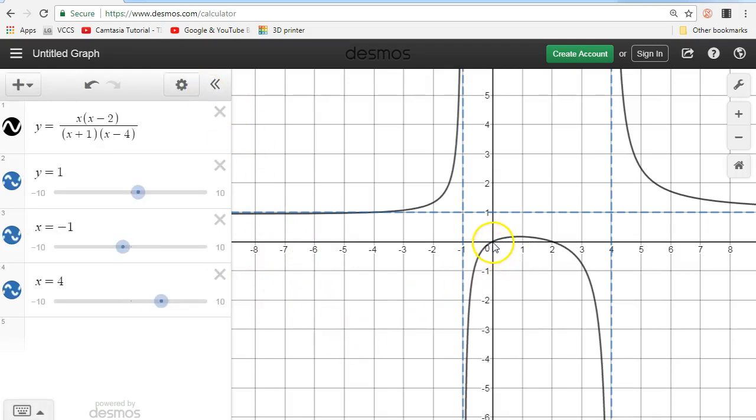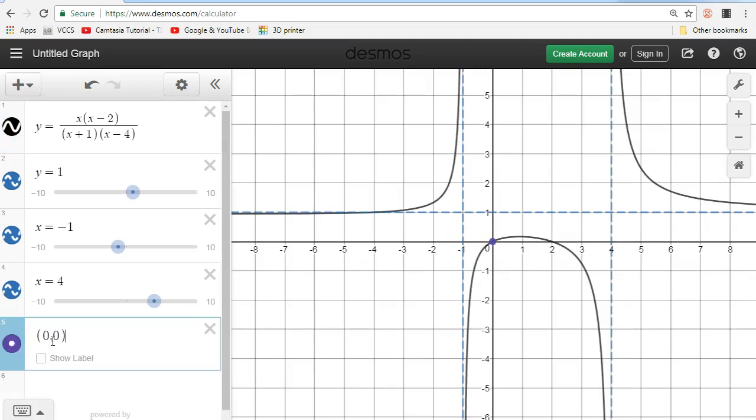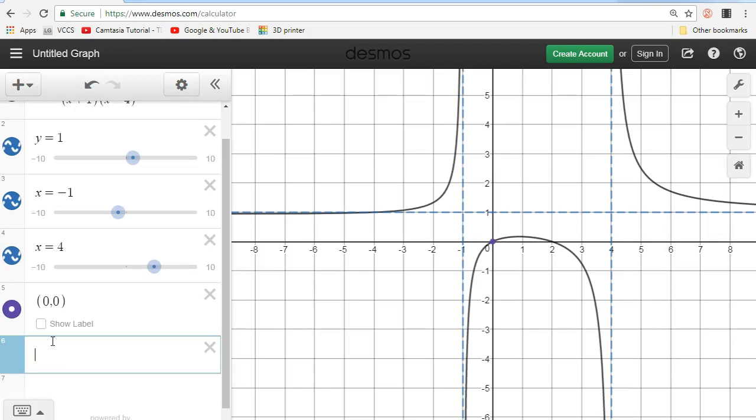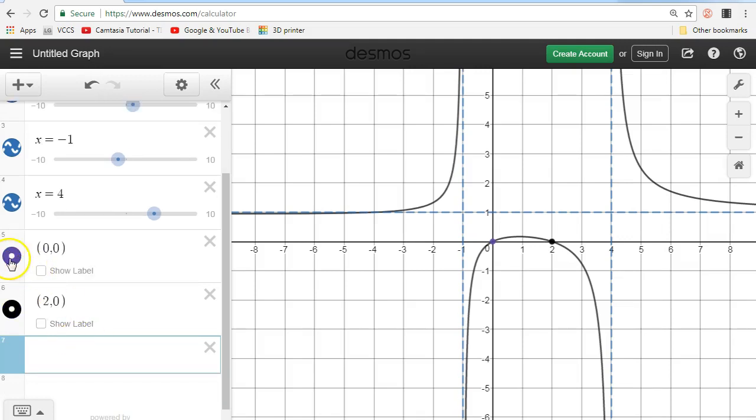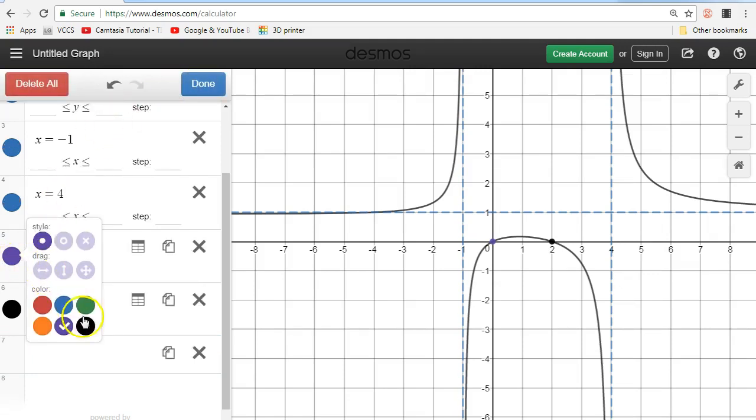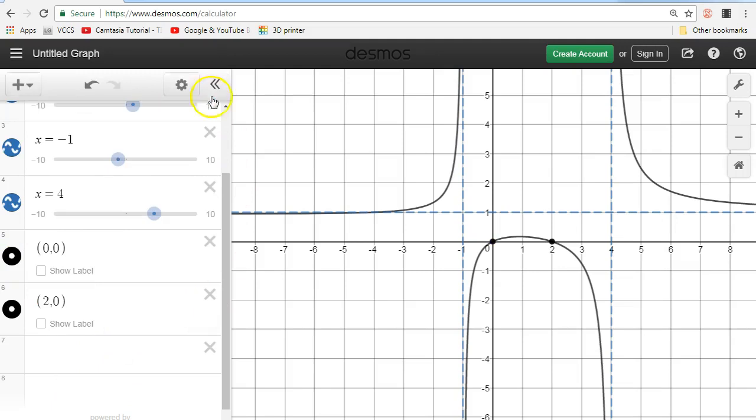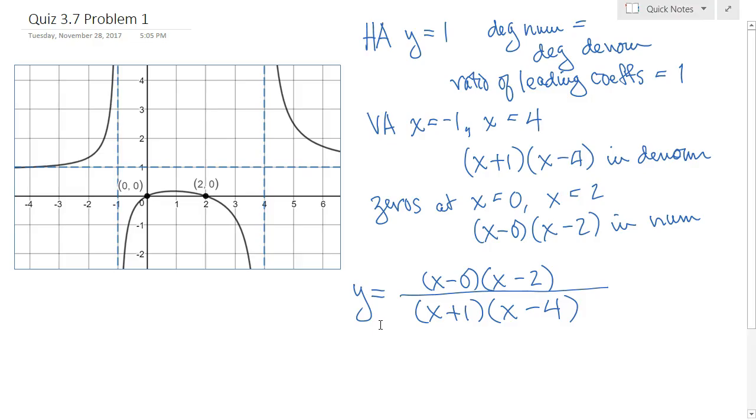Okay. And these points I could get by just putting in their coordinates like this. But you never know just what color you're going to get when you do this. Okay, and there's our graph. Yeah, I like it. Okay, onward to the next problem.